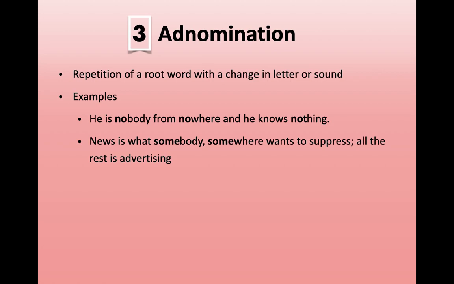I don't want you to marry him." And the daughter says, "But that's okay. That's my problem. I will choose whom to marry." And the father says, "In that case, it's okay." How's the story? He's nobody from nowhere and knows nothing. That is adnomination.